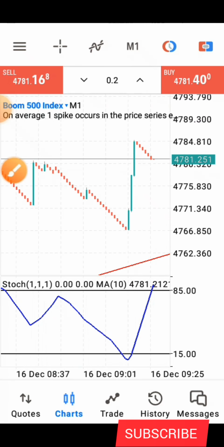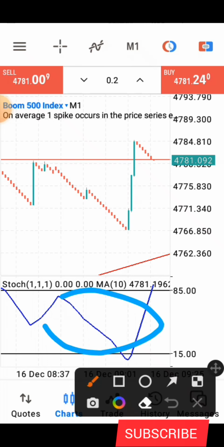So this is something you should know. It begins to spike up, and I don't only use the indicator window here to take my entry, right?